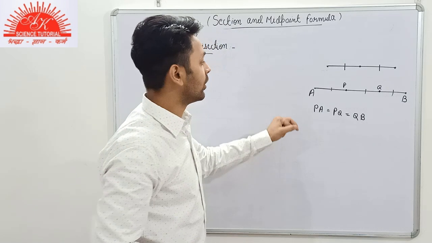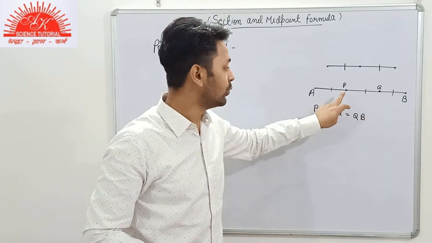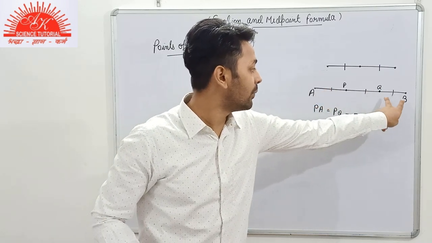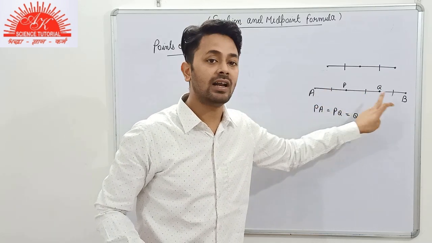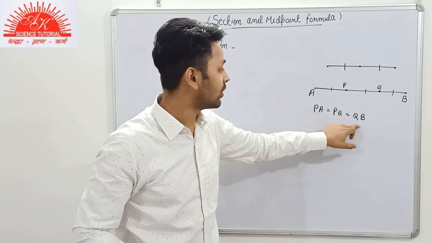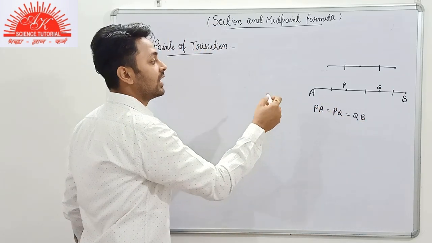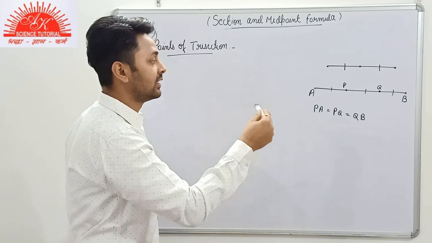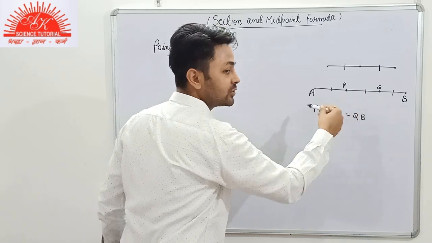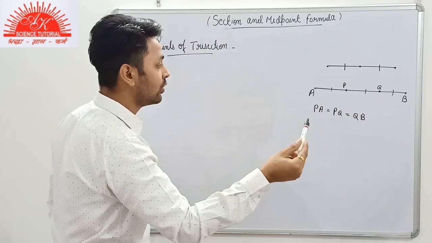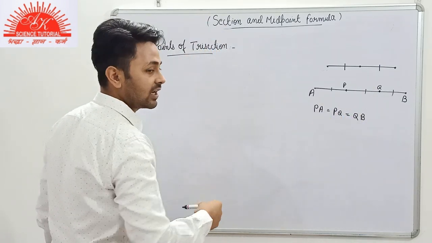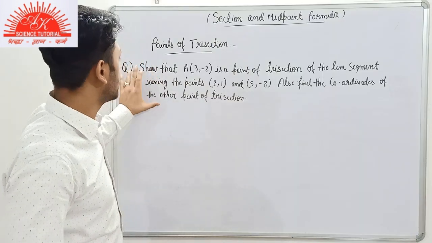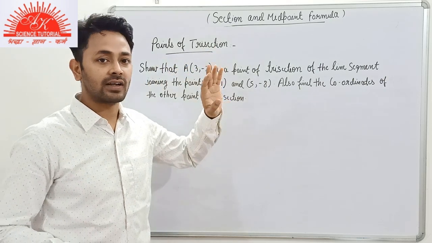It means that on the line segment AB, if 2 points P and Q are placed such that they create equal parts, and all the three parts are equal, then these points are points of trisection. So on the basis of points of trisection, we will see an example here.